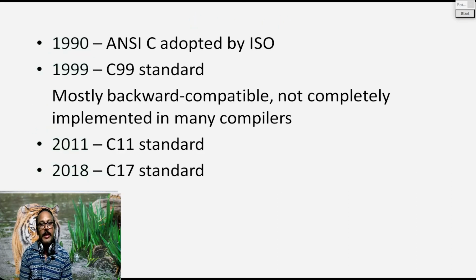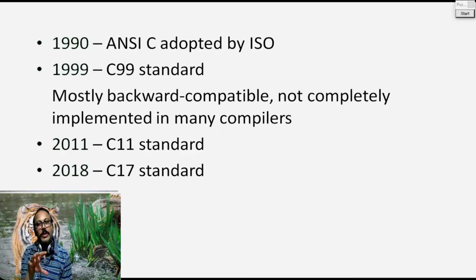In 1990, ANSI was adopted by the International Standards Organization. Then the 1999 C99 standard, the 2011 C11 standard, the 2018 C17 standard. There will be minor variations between one version and another, or one standard and another. But we are not going to get into the details.